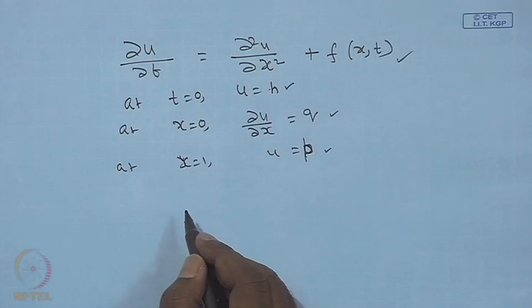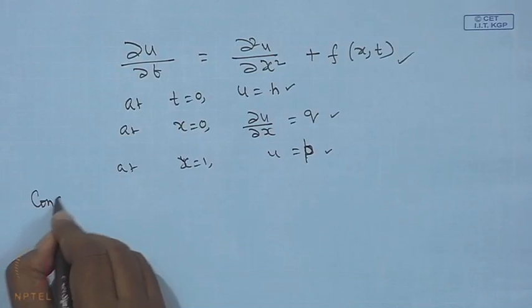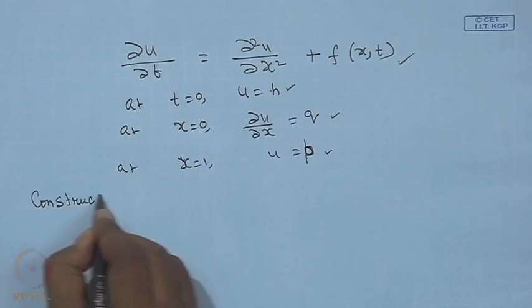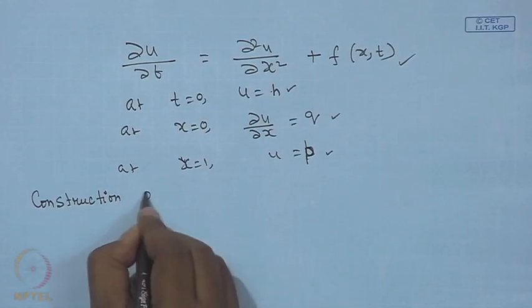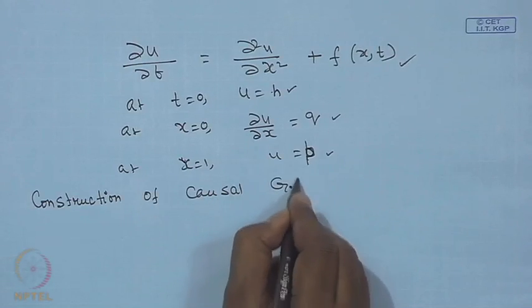Now, what will be the construction of the causal Green's function? The governing equation of the causal Green's function looks something like this.